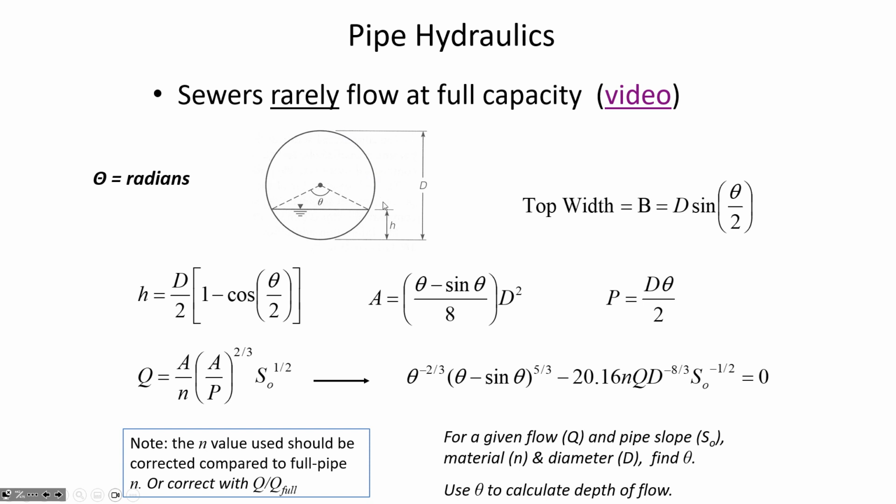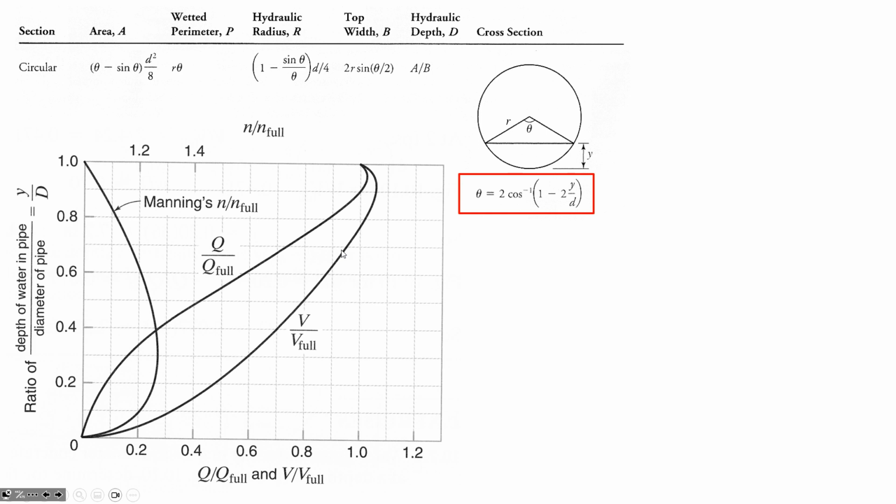So I'm going to show you an example where we will solve for partly full flow in a couple of different ways. One is using this nomograph, where you calculate the flow rate of the pipe if it was full, so that's Q full.